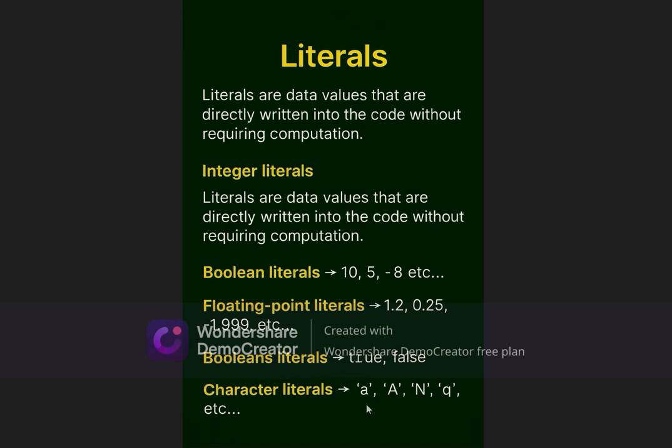If we are using a character, that can be a uppercase character or lower case character, and character literals are always enclosed within single quotes. And one more, we have string literals. If you write anything in between the double quotes, then it is called as a string. If we are using that, then those are called as string literals.